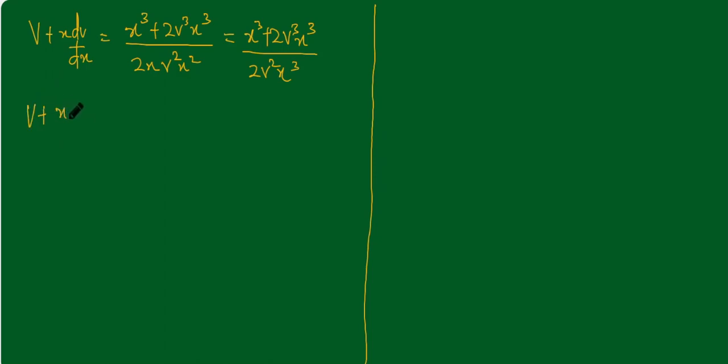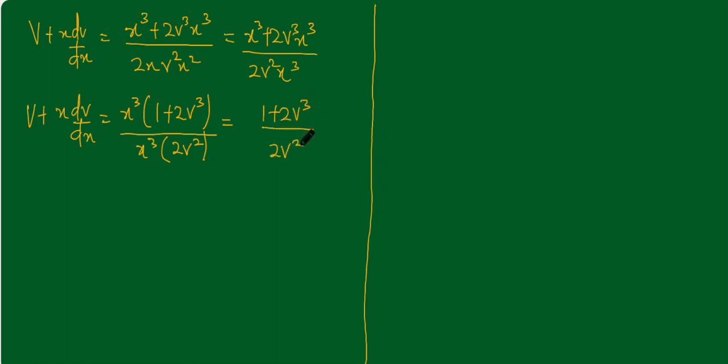So we can factorize x cubed from the numerator and denominator. We have v plus x dv dx is equal to x cubed into bracket 1 plus 2v cubed divided by x cubed into bracket 2v squared. So we have 1 plus 2v cubed divided by 2v squared.